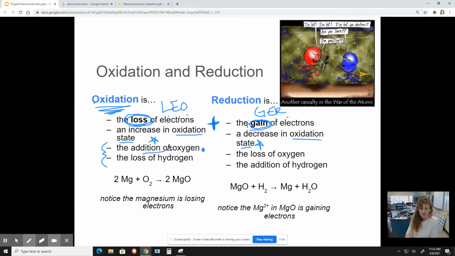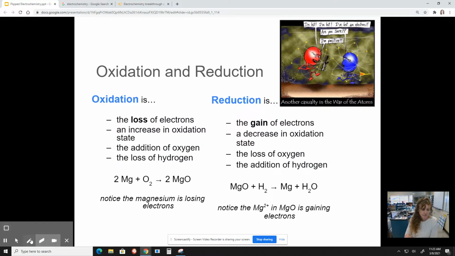If you have an addition of oxygen, something is going to be oxidized by that oxygen. And then reduction is defined as the reverse. But we're going to use these definitions of oxidation states instead of using the definitions of oxygen and hydrogen to define oxidation and reduction. And I have two examples here. If you have magnesium joining with oxygen into magnesium oxide, this would be an example of oxidation. And then magnesium oxide reacting with hydrogen to form solid magnesium and water, that would be an example of reduction.